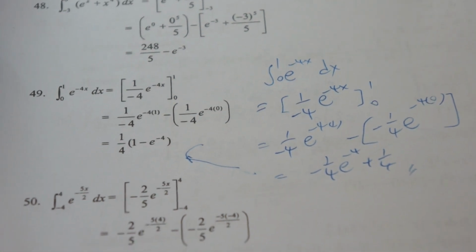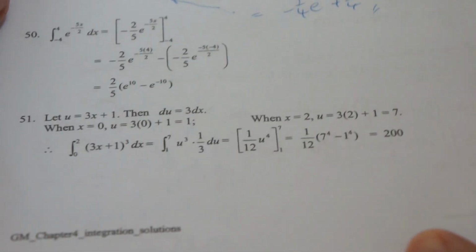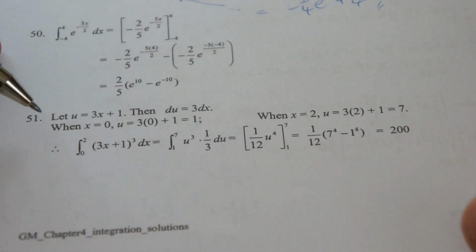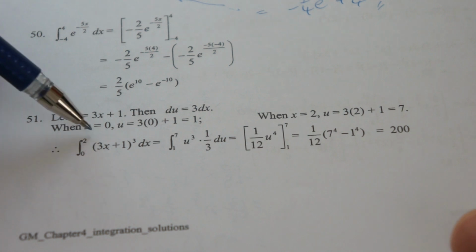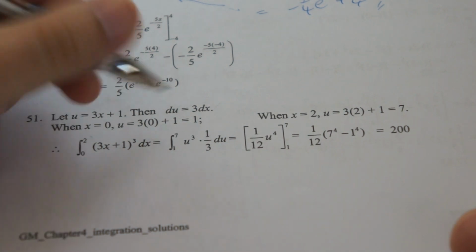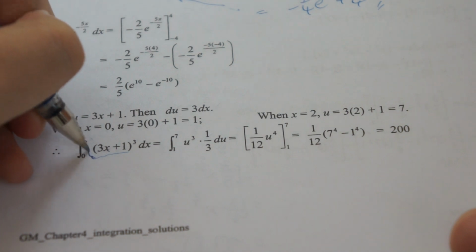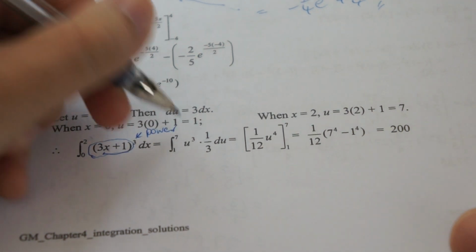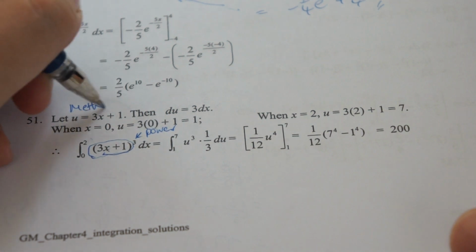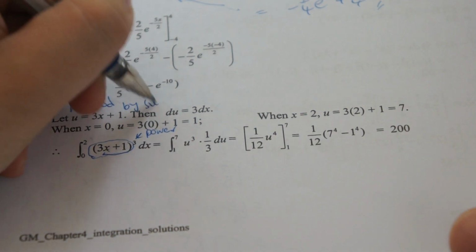Another kind of question is maybe 51, because you can see the question is in fact using the method of substitution. What is the method of substitution? If you see a polynomial where one of the functions is a bracket to a power, you must use the method of substitution.